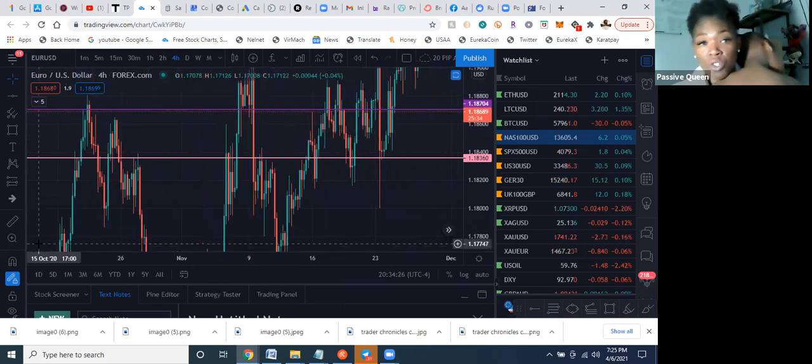I just want to show y'all about going back into the past, right? Because if it's stopping at that area, if it's consolidating at that area, if it's hitting a price point at that area, 9 times out of 10 it's respecting price from the past. Solidified spot for uptrend, downtrend, vice versa.